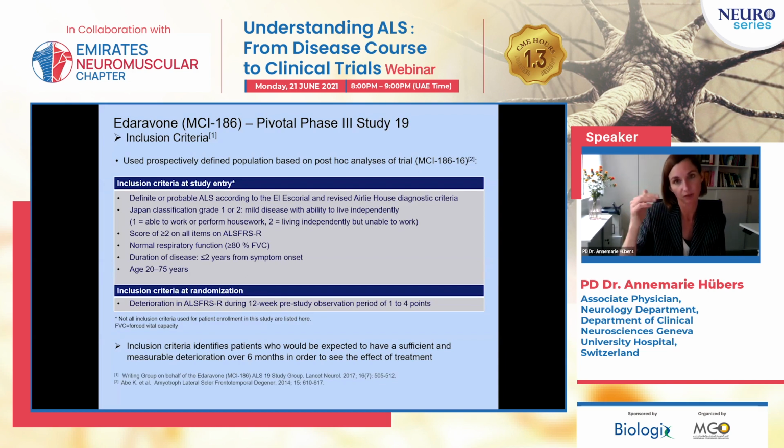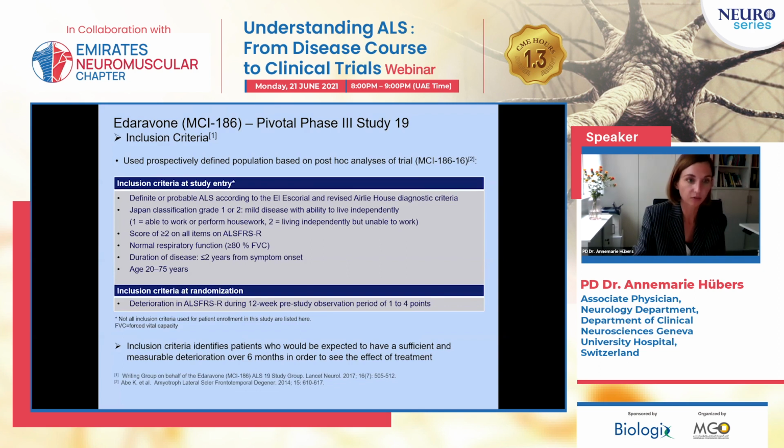The maximum would be 48 points, which investigates different motor functions like swallowing, walking, eating, dressing, turning in bed, etc. And the minimum score you can have on an item is 0, and the maximum score is 4.